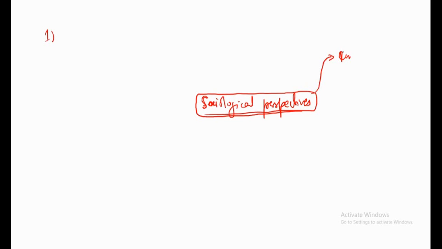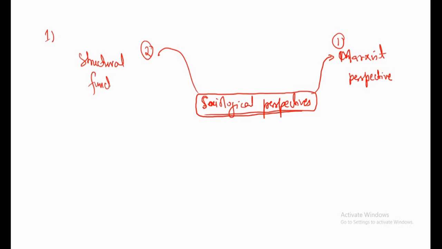First is, as you all know, the Marxist perspective. Second is the structural functionalist perspective, or we can simply say the functionalist perspective.